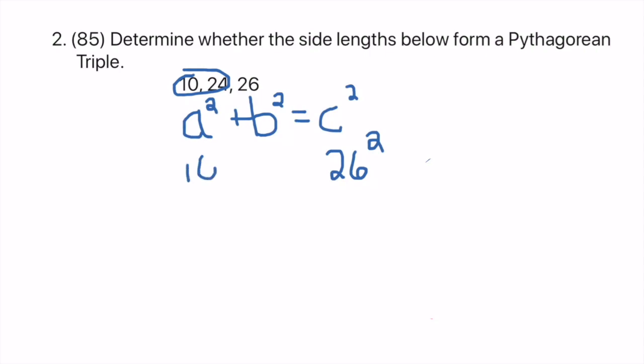So I'm just going to do 10 squared plus 24 squared. So 10 squared is 100 plus 24 squared is 576.